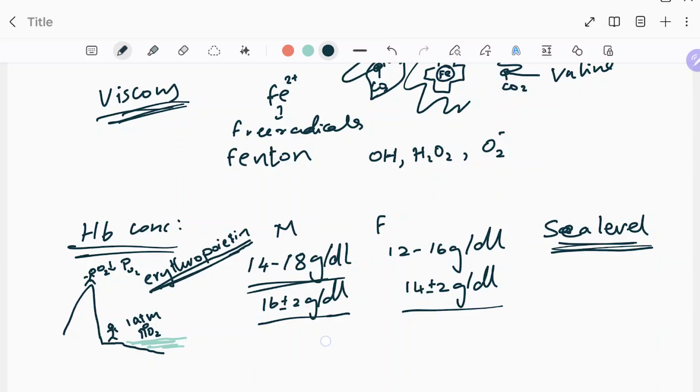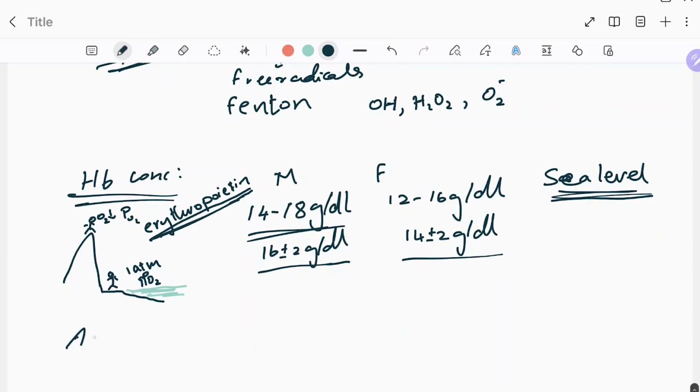Anemia is a reduced red cell mass. This definition is very important. Red cell mass in the vascular tree.